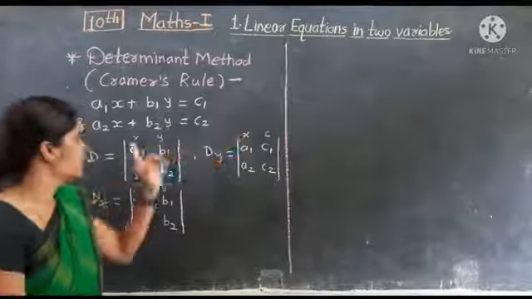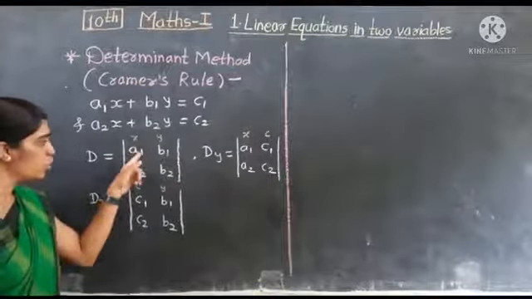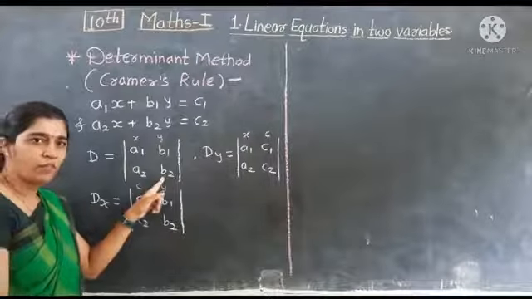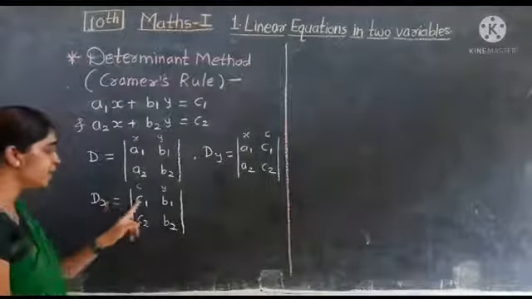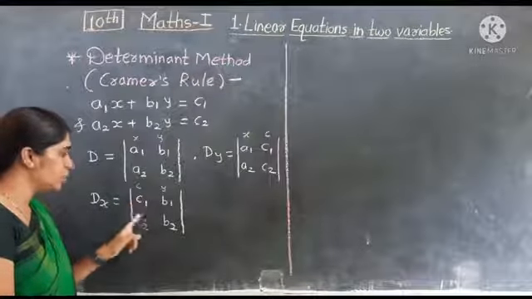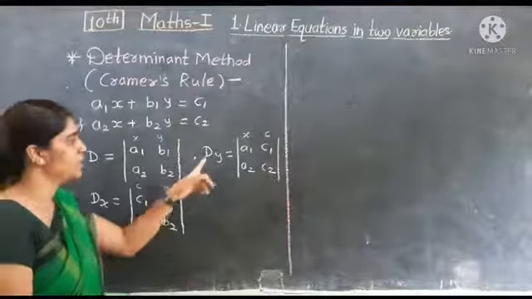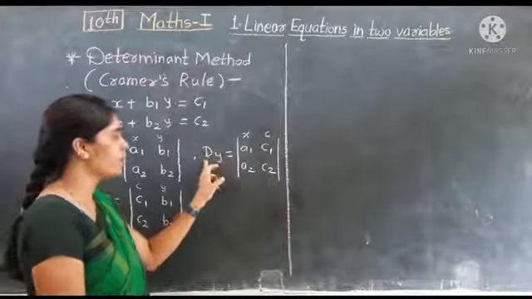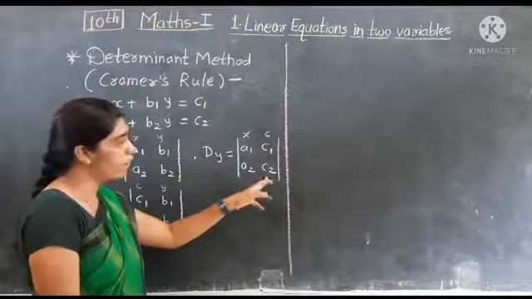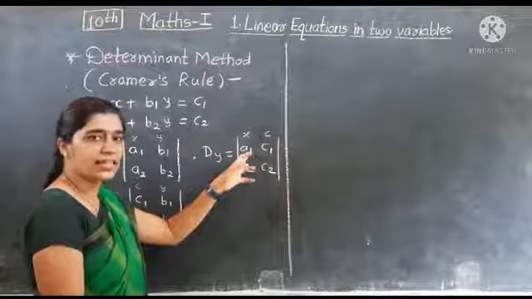You don't write this. You only remember D is equal to the coefficients of x and y: the first column is of the coefficient of x, the second column is of the coefficient of y. While writing Dx, you replace the first column of D by the constant numbers and keep the second column, the coefficient of y, as it is. While writing Dy, you replace the column of y by the constants and keep the first column, the coefficient of x, as it is.